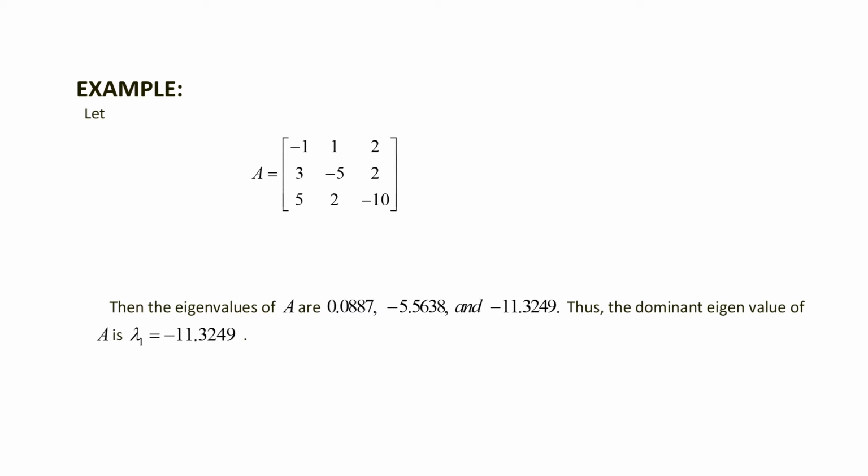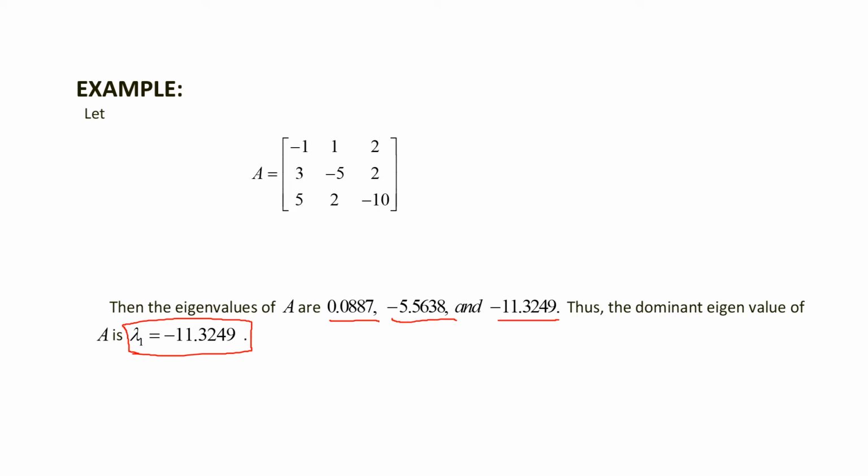We already know these three values are the eigenvalues of this matrix, and lambda 1, the largest eigenvalue, is minus 11.3249 among these three eigenvalues.